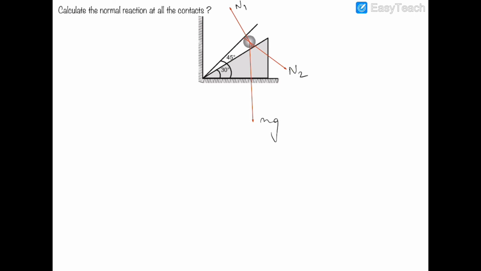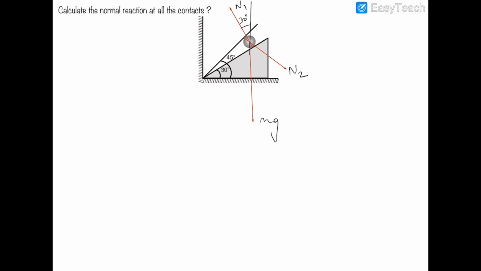Now to calculate the angles, I've already told you the trick that this angle is 30 degrees. So the angle of its normal reaction with the vertical will be 30 degrees. Let me draw the vertical. This is the vertical line, so this angle will be 30 degrees.